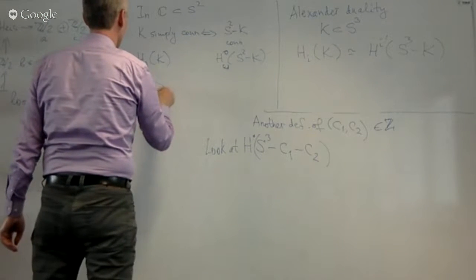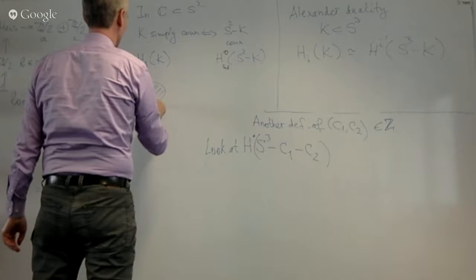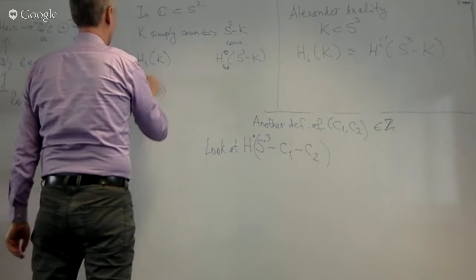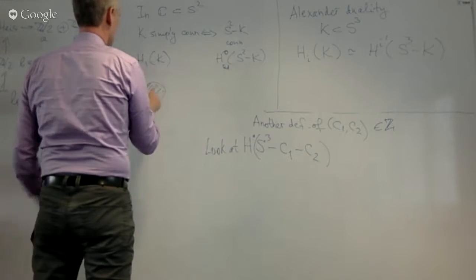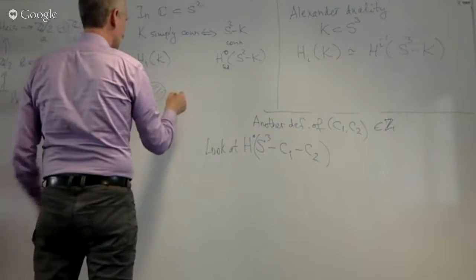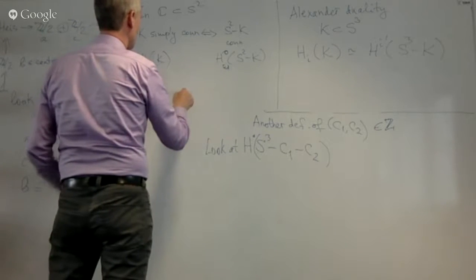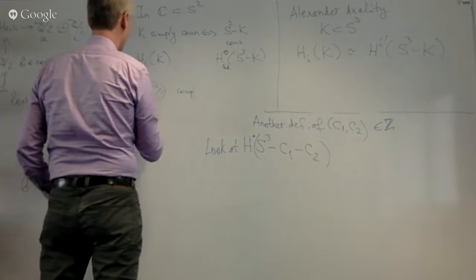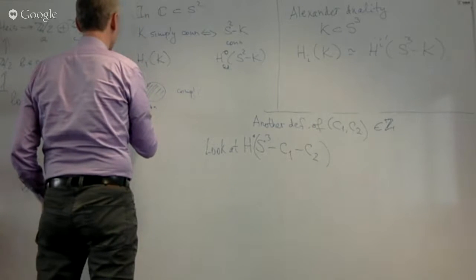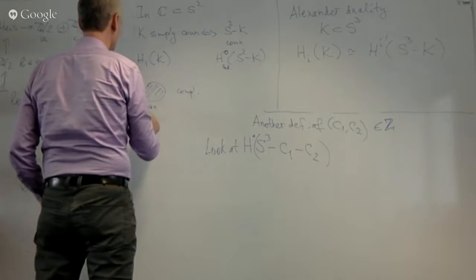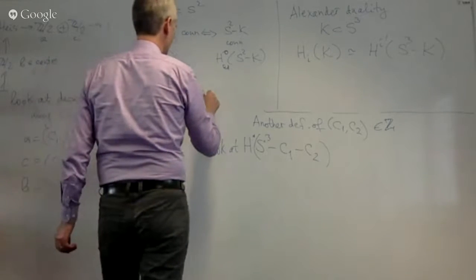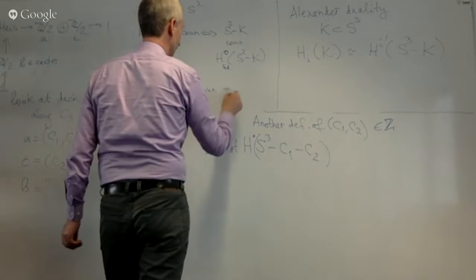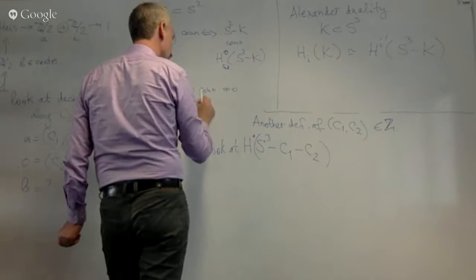Sorry, what do you mean by reduced here? Let me explain. Suppose the complement is connected, so K is simply connected, which means H1 equals 0. The complement is connected but not empty, so it doesn't say that H0 equals 0.